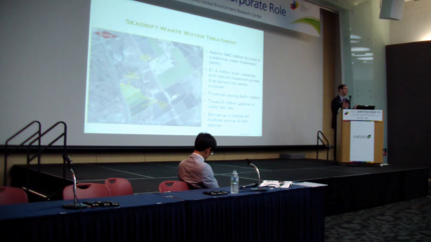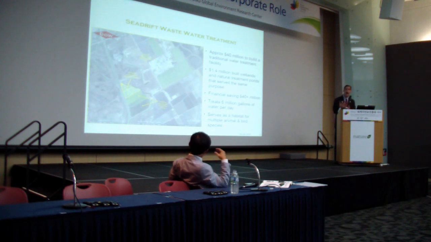And that estimate for capital was about $40 million. We also looked at some land that we had available to us and recognized that if we restored a wetland, we could do that for about $1 to $2 million and also provide benefits to the local biodiversity and to the local ecosystem. And of course, we chose the less expensive solution.